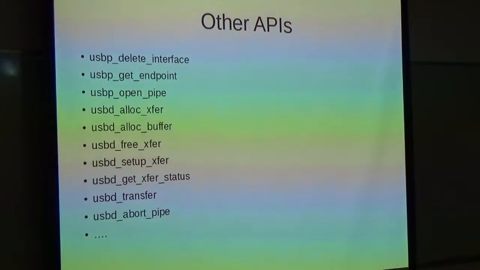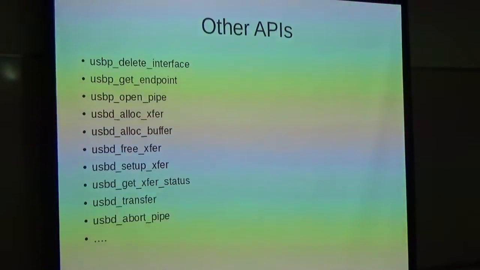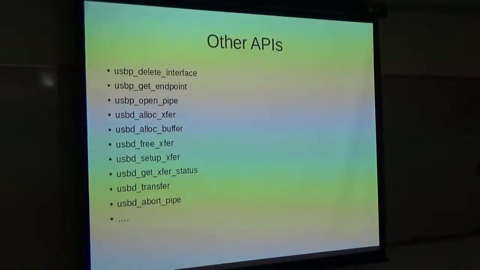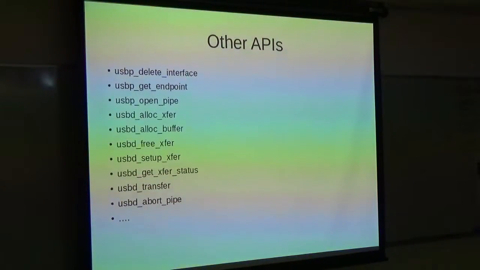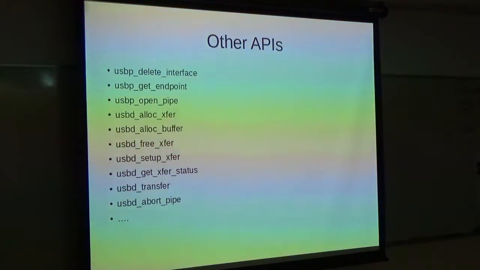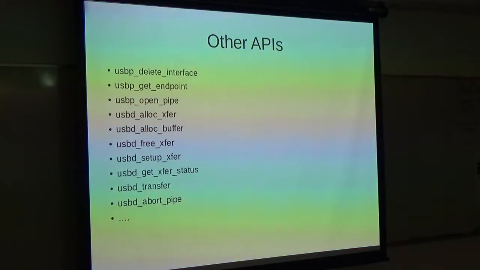Okay, here's an example list of other APIs. Of course, we have a delete interface API, and other APIs, like the start API that starts usbp, are provided by this usbp framework.